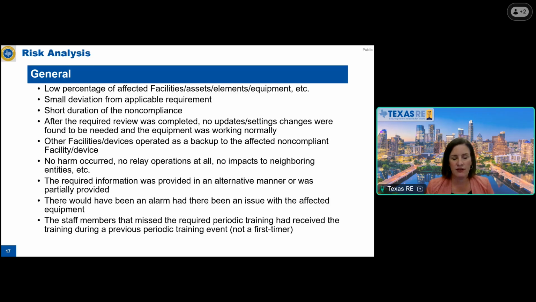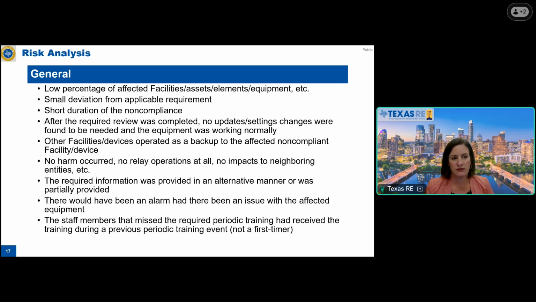We want to know if you have any backups or redundant systems that would back up an affected non-compliant device. This is also important for SIP cases. In a lot of cases, you're going to have something like a missed patch, but you have other systems in place to prevent malign actors from gaining access. We'll want to know if any harm occurred, if there were any relay operations, or impacts to neighboring utilities or entities.